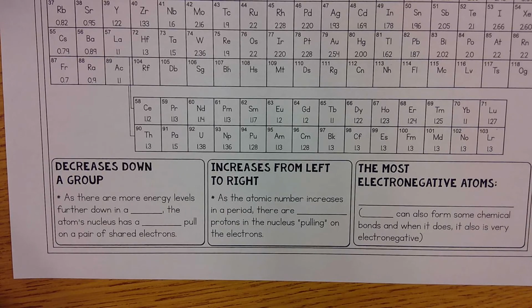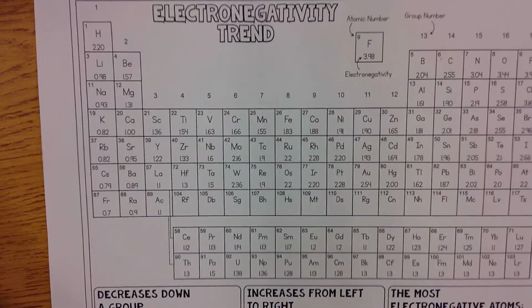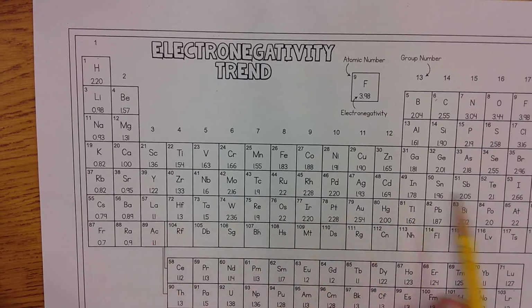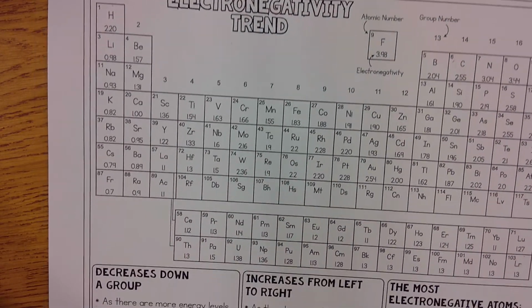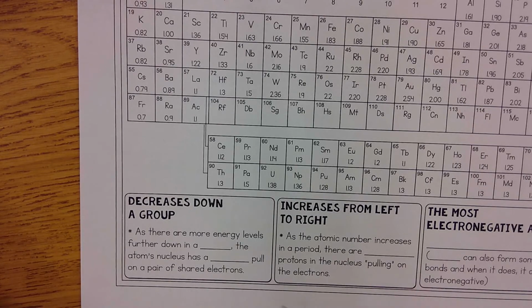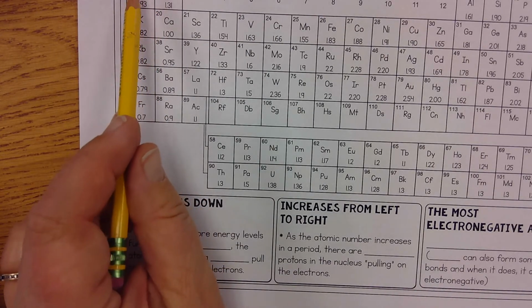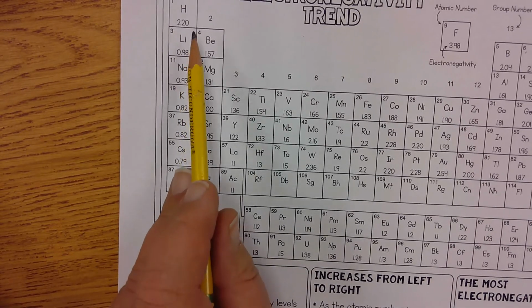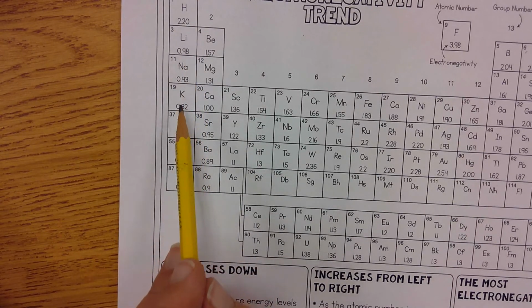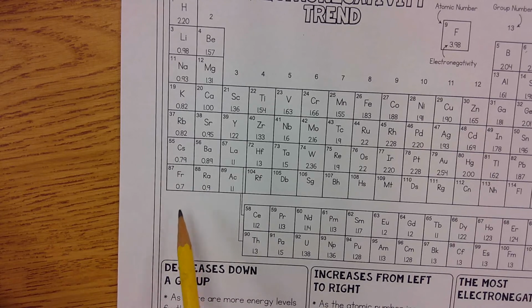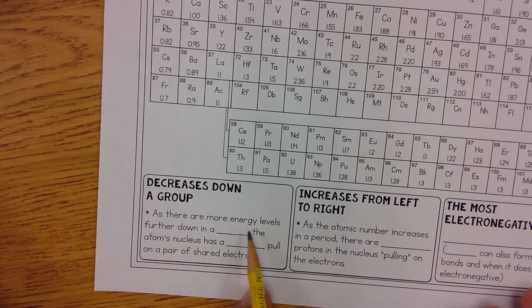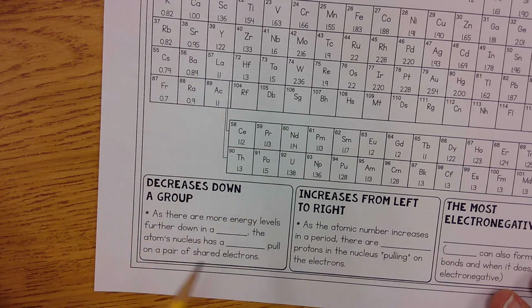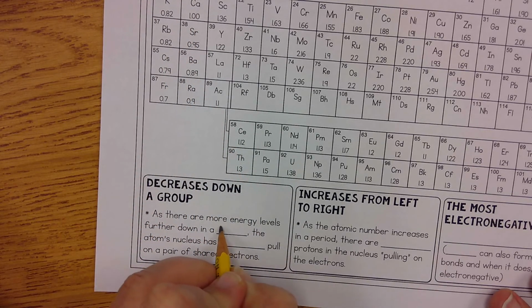So let's look really quickly at the trend. Like I showed you before, it has all the electronegativities listed. Here are the trends. Electronegativity decreases as you go down a group. You can see the numbers: 2, 0.98, 0.93, 0.8, 0.8. It's going down. The reason this happens is because there are more energy levels as you go down a group.